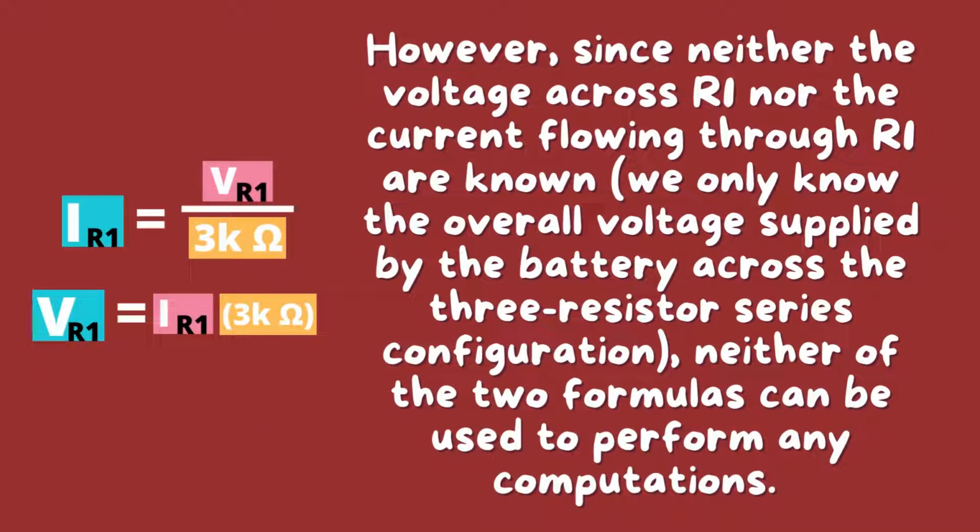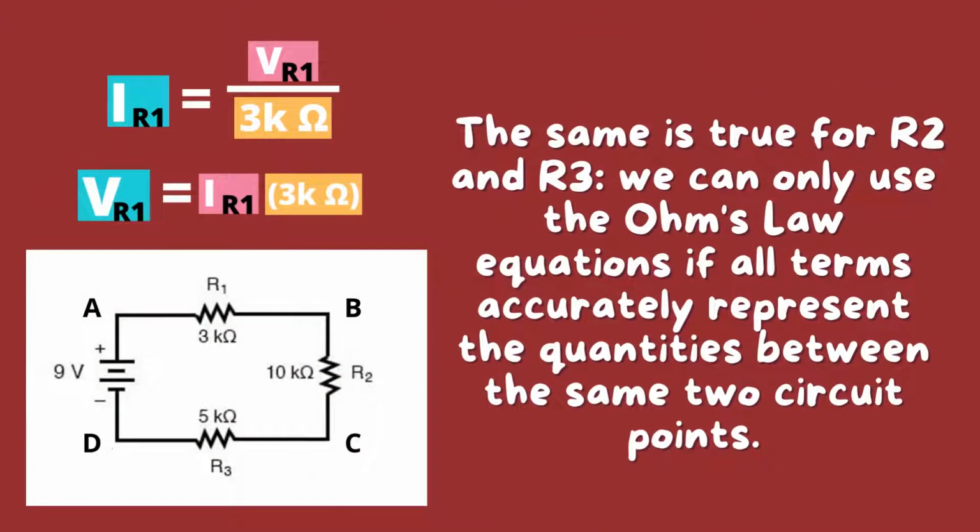However, since neither the voltage across R1 nor the current flowing through R1 are known, we only know the overall voltage supplied by the battery across the 3-resistor series configuration. Neither of the two formulas can be used to perform any computations. The same is true for R2 and R3.